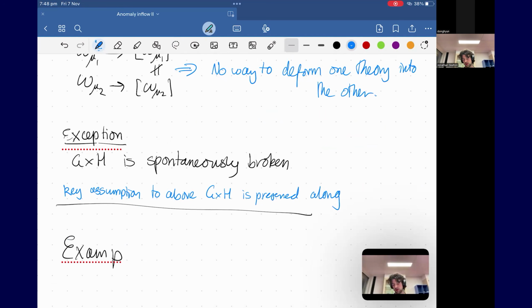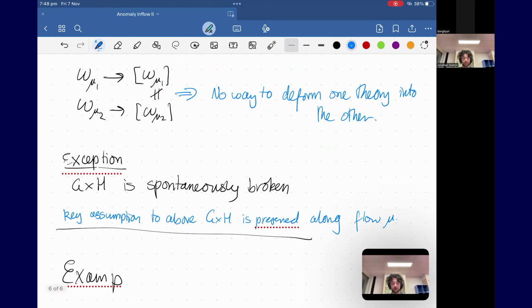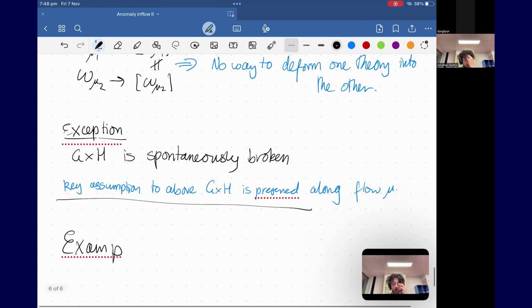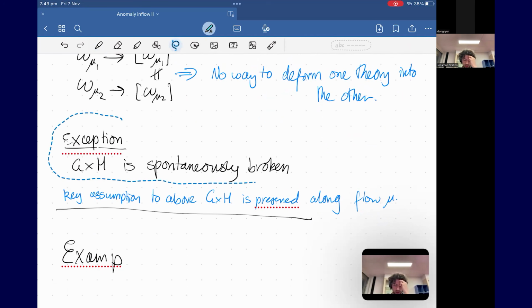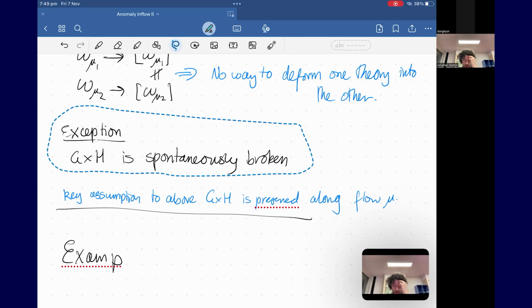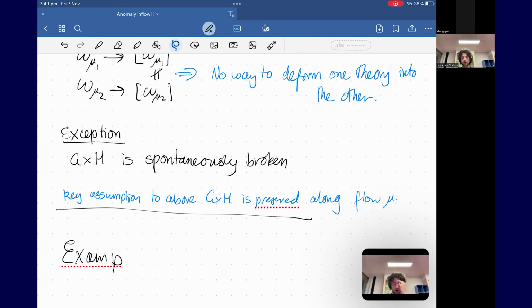along the flow mu, because if it's not, then I can't say. Jesse, do you know if the IR could be trivial if the symmetry group is spontaneously broken? My intuition says it's going to be non-trivial, but it's going to have Goldstone modes at least.